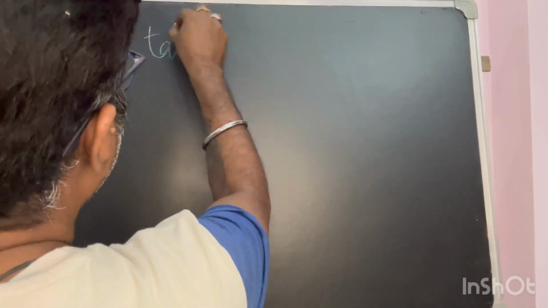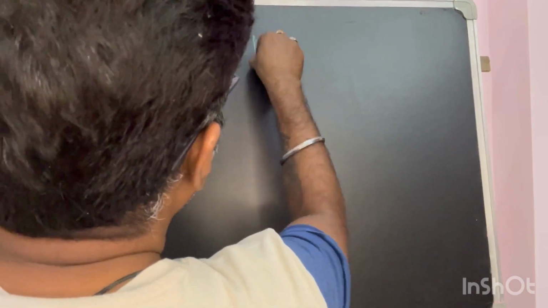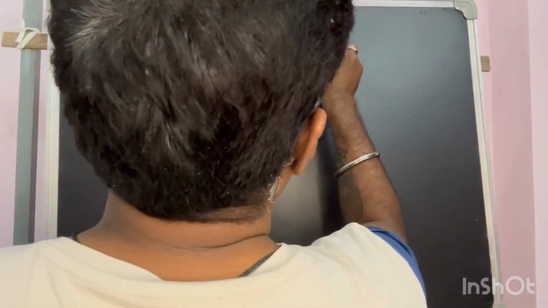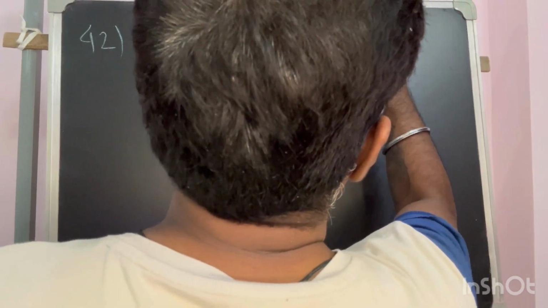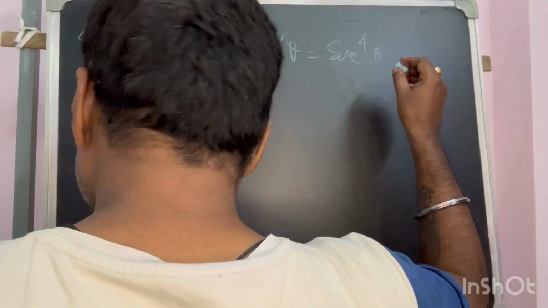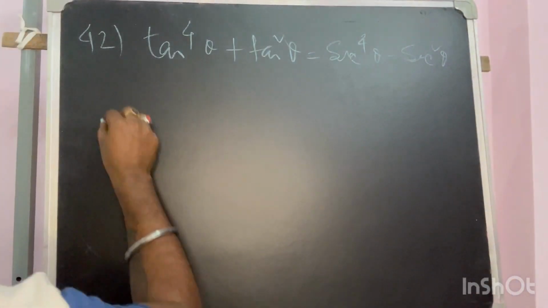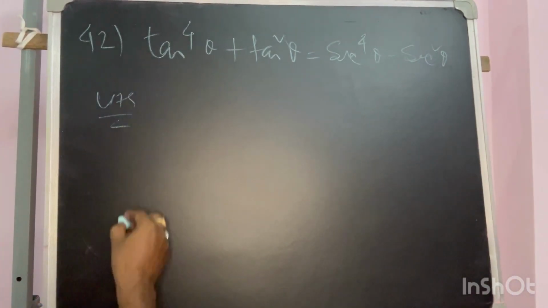Tan to the power 4 theta plus tan square theta is equal to sec to the power 4 theta minus sec square theta. So let me start with the left hand side.